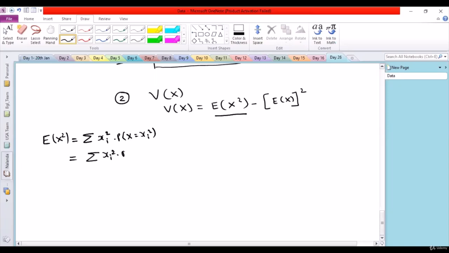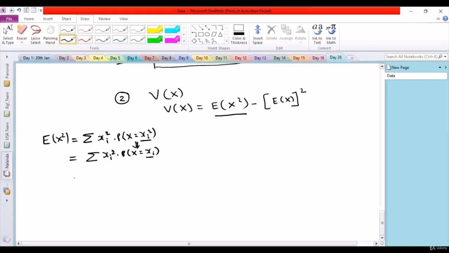Whether it is xi square or xi cube or whatever, the probability of xi is the same. This point we also proved earlier. Probability is not going to change. So I can write the equation like this.